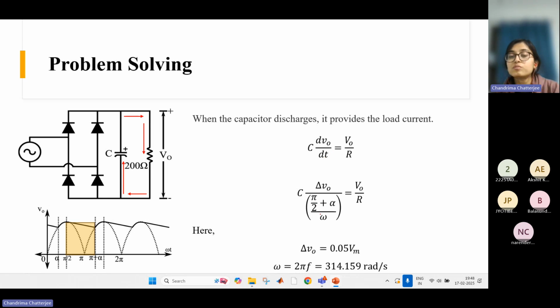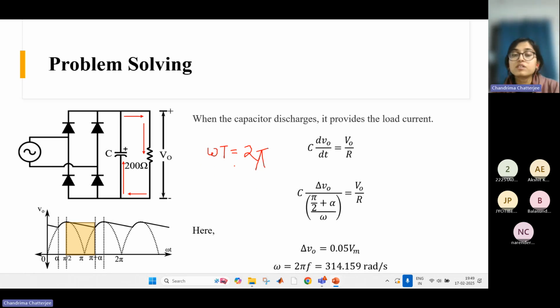So if we divide by omega, then we can get the time, right? Because we know omega times t is equal to 2 pi for the time period.